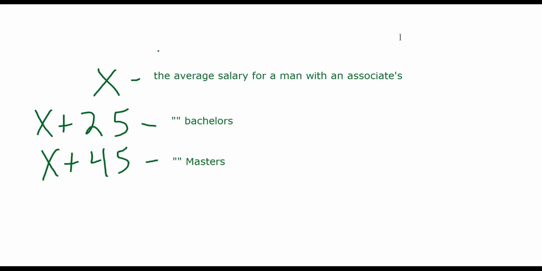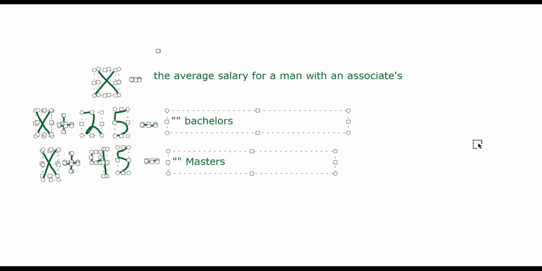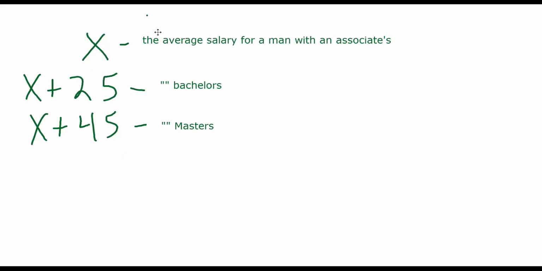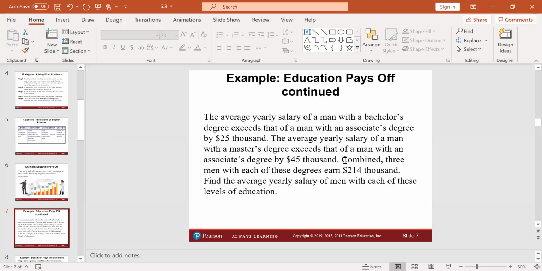So we've already got our variable. We've been going through that little 5-step process. I haven't been formally going through it maybe, but the same idea is there in place. And now let's look at the last piece of information in the problem. Combined, so in other words, if I add up all three of their salaries, they earn $214,000 per year.